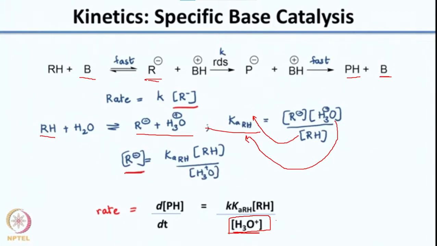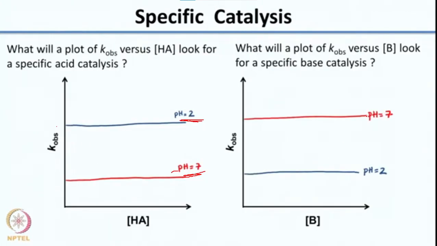So here acidity increases in this case, right? That's why the k observed value decreases. Sorry, here acidity decreases, that's why the k observed value increases. So I hope you understood this relation.